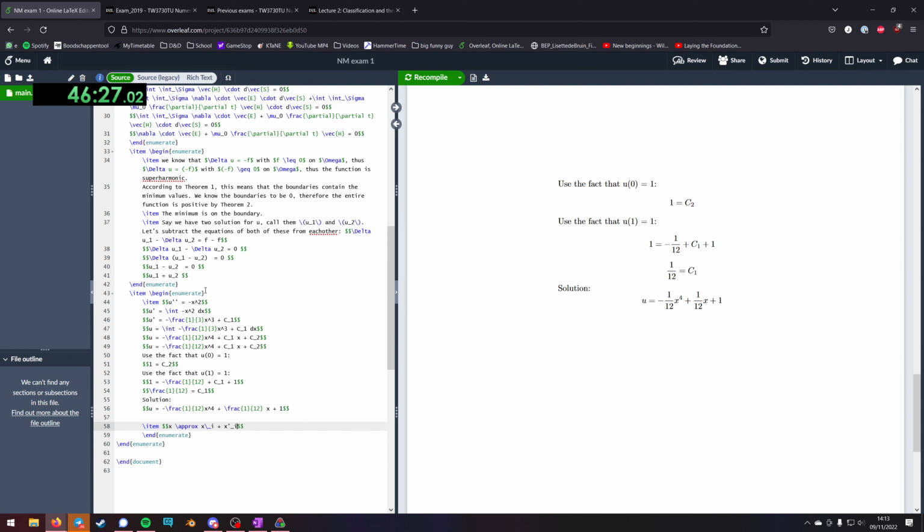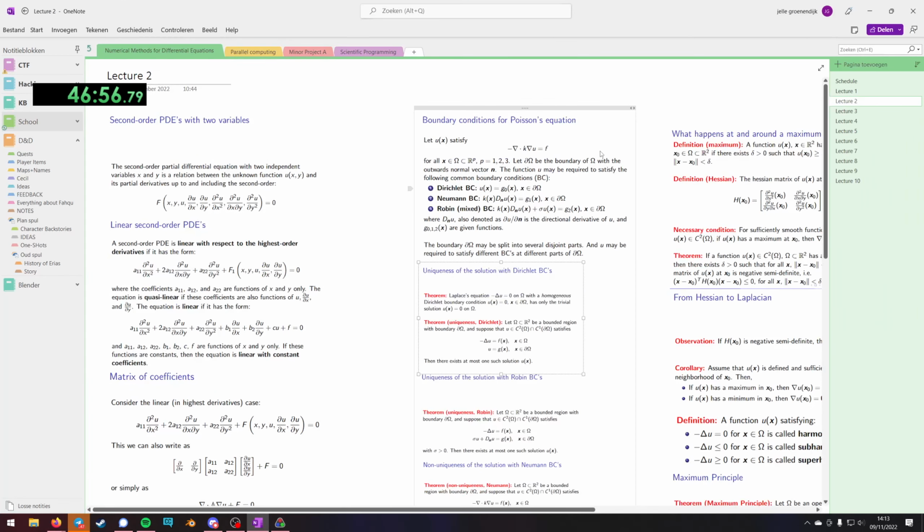Derivative at i over 1 plus... Where's 2 already? No. Right? No, I'm just making things up at this point. I'm just gonna look it up.